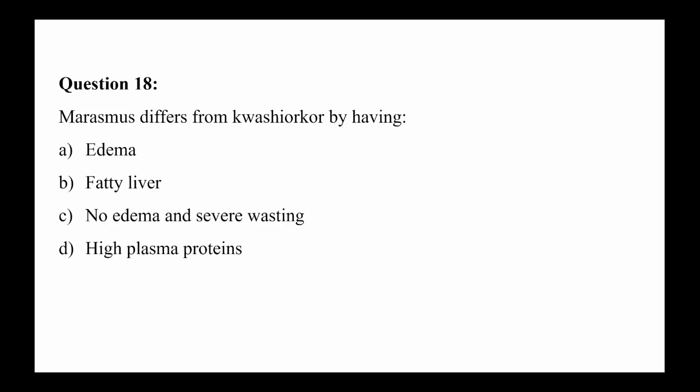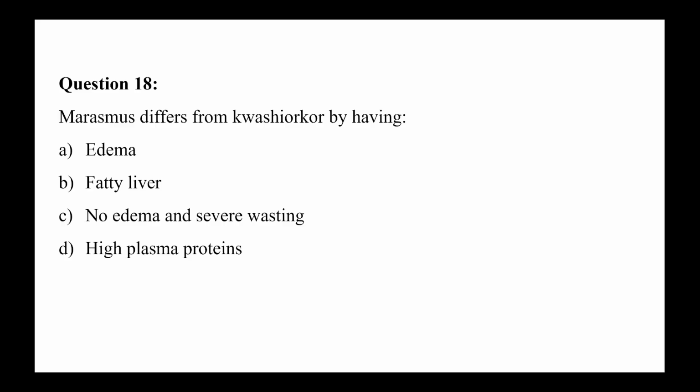Then I was on this question. Marasmus differs from kwashiorkor by having option A, edema, option B, fatty liver, option C, no edema and severe wasting, and option D, high plasma protein. There's no edema and there will be severe wasting.